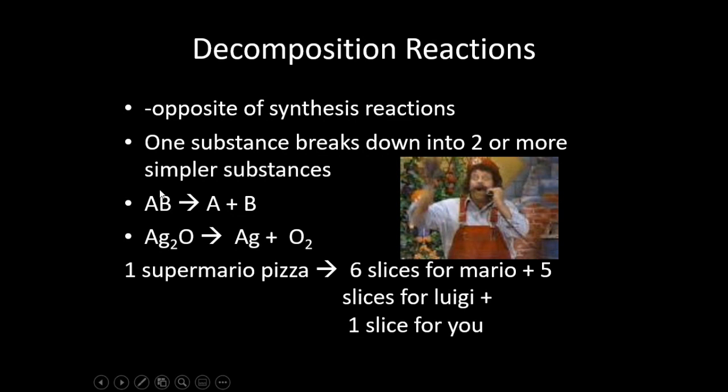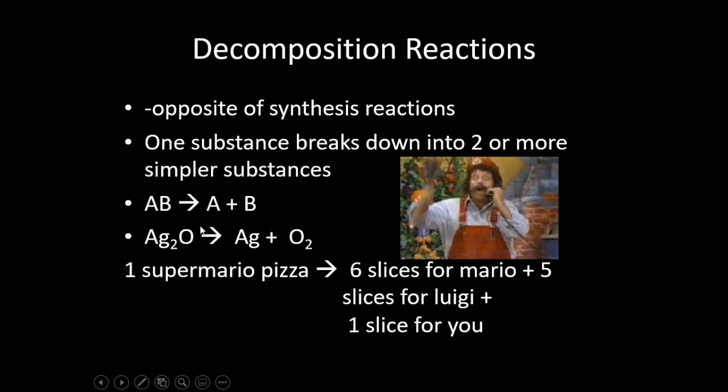We have a larger compound as the reactant. We have a chemical equation, so a chemical reaction occurs, and then A plus B are single elements again. So this is an actual chemical equation. Silver oxide breaks down into silver plus oxygen.